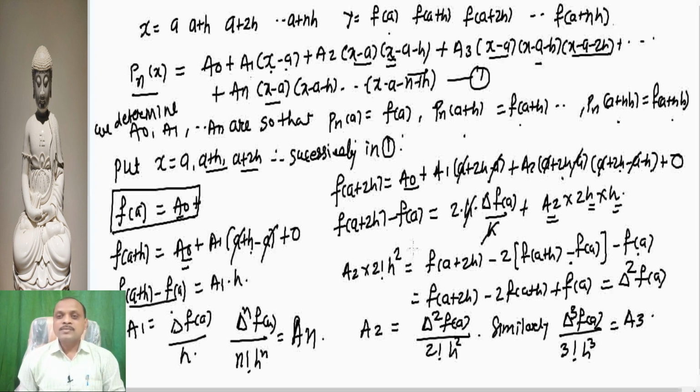So in this manner we have obtained all the values of the coefficients: a0 equal to f of a, a1 equal to delta f of a divided by h, a2 equal to delta square f of a divided by 2 factorial h square, and in general an equal to delta raised to n f of a divided by n factorial into h raised to n.